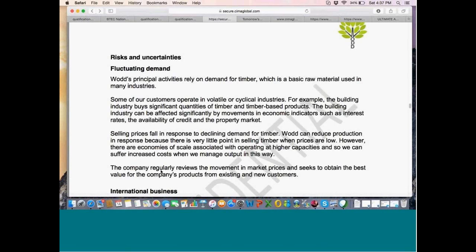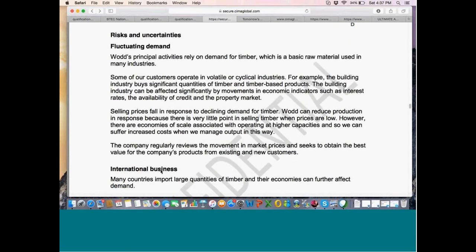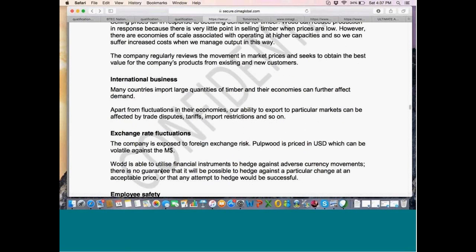Then if you're talking about international business, many countries import large quantities of timber and their economies can further affect the demand. Apart from fluctuation in their economies, our ability to export to particular markets can be affected by trade disputes. So not only their demand, but also we need to take into consideration the forex issues and the trade disputes.